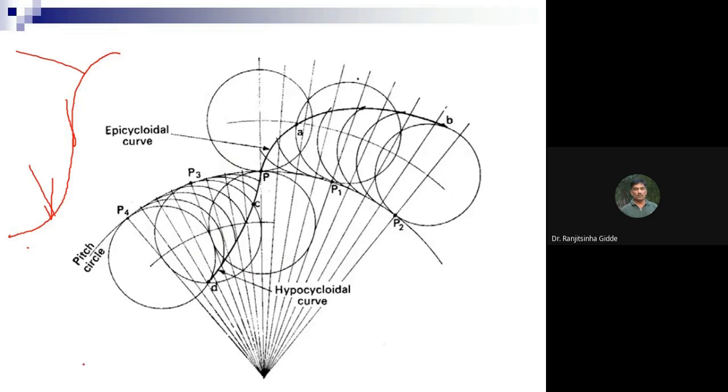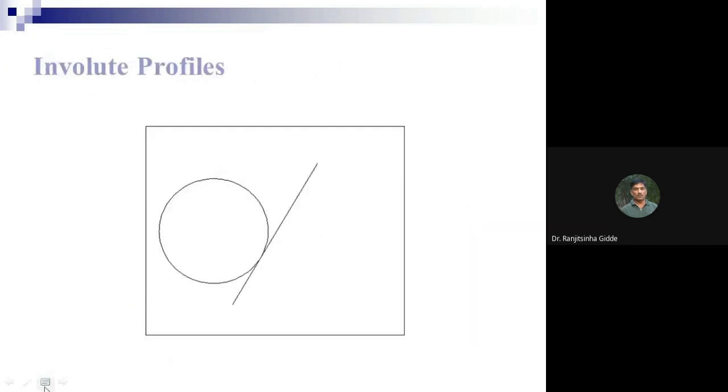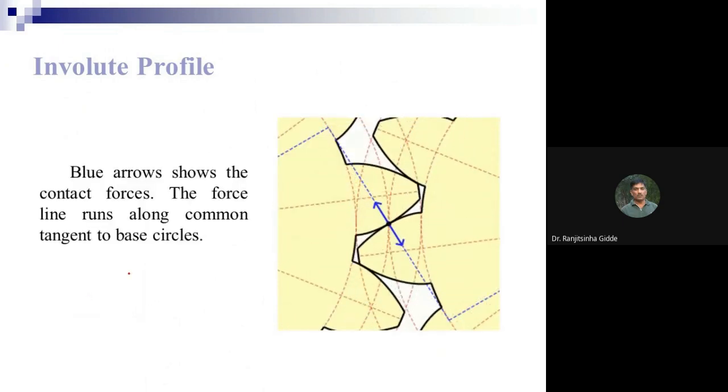With respect to the involute profile, we are getting a straight path, so this line I have drawn. And in case of cycloidal, instead of this we are going to get such a path of contact, and this is called curvilinear.